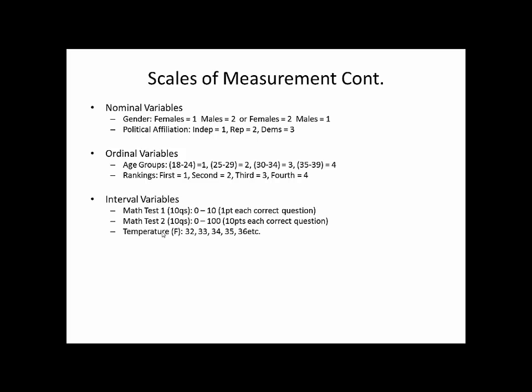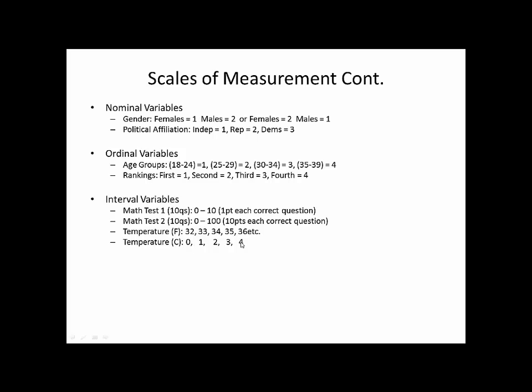Temperature. Again, we go back to this arbitrary or meaningless 0. In Fahrenheit, 32 degrees is considered freezing. Then you have 33 degrees, 34 degrees, 35 degrees. Okay, so each unit is the same distance. In Celsius, freezing is considered 0. So 32 is considered 0 approximately, right?